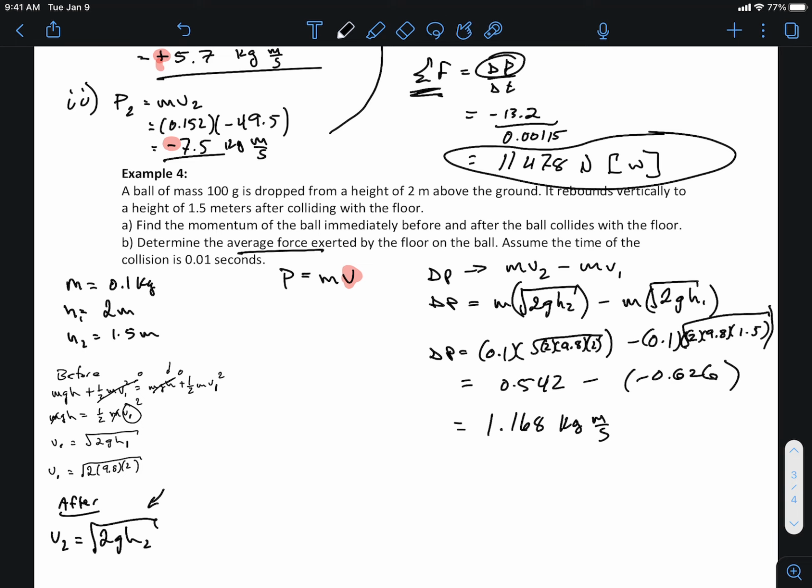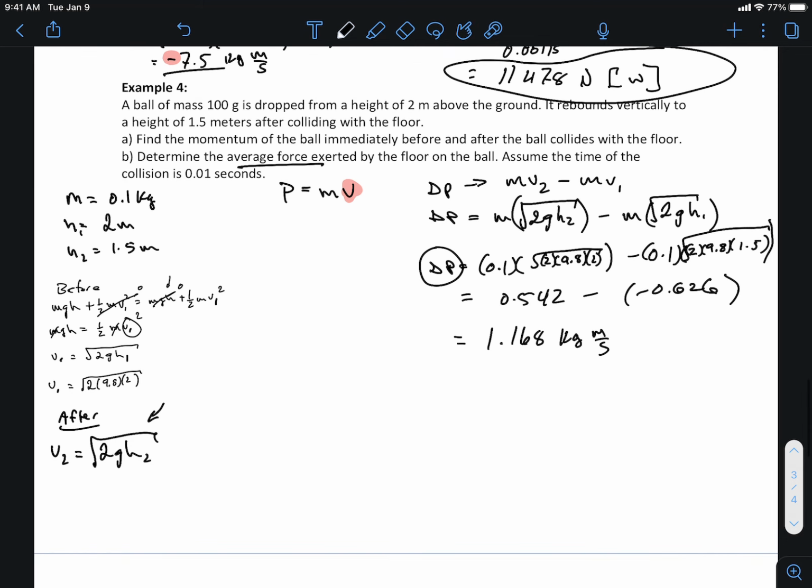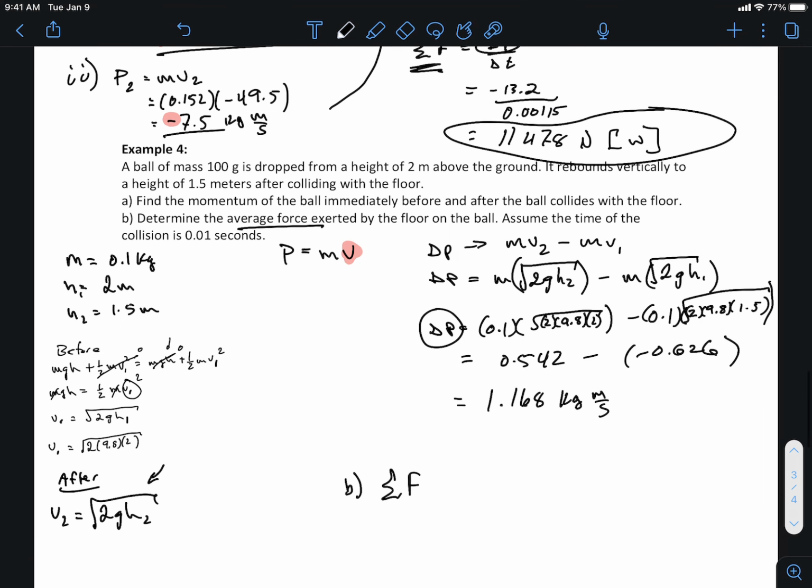And now that we know delta P, we can see what the two momentums were before and after, right? And now I can find what the average force was. This is part B now, right? We know in part B, the average force multiplied by the time is equal to the change of momentum, so the average force is the change in momentum divided by delta T. We know what the delta T is, so we take our number, 1.168.